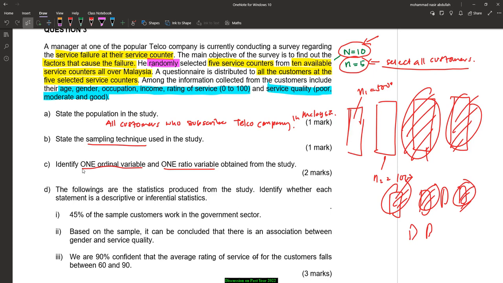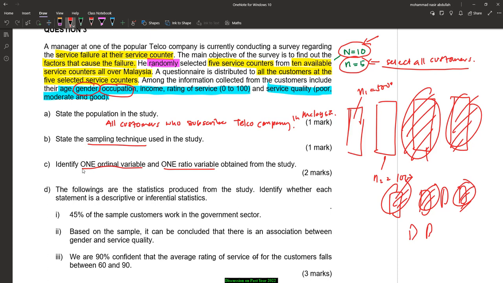So dalam variable ni yang disebut ni age, gender, occupation, income, rating, gender dia ada male or female, right? Occupation selalunya dia ada private, public sector ataupun self worker, kan? Bukan self worker, apa nama tu?